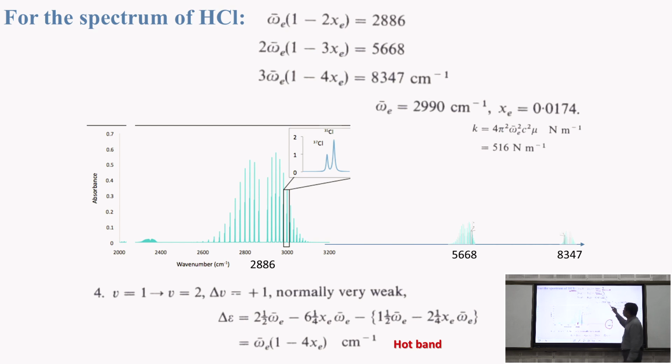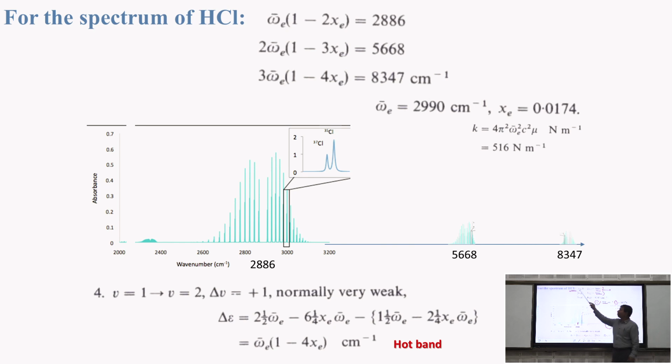So if you have these two, the fundamental band and first overtone, you have two expressions and two unknown quantities, so you can calculate the very important oscillation frequency, omega E bar 2990, as well as the anharmonicity constant 0.0174.